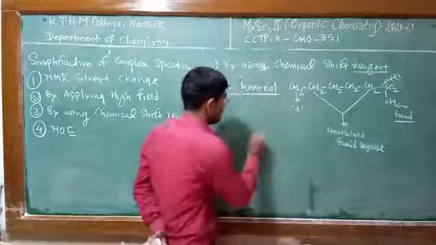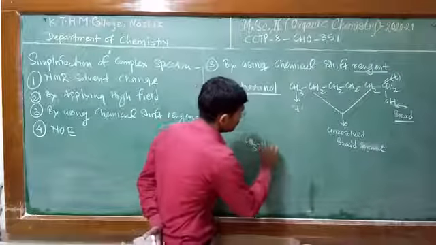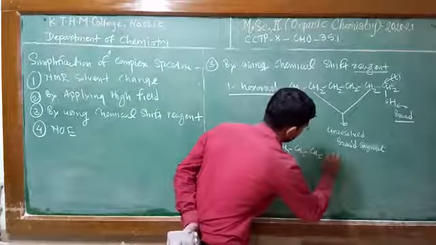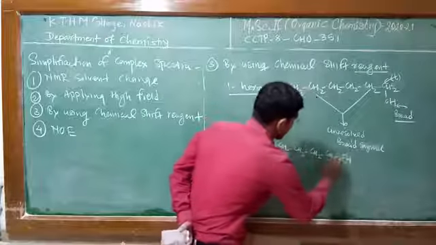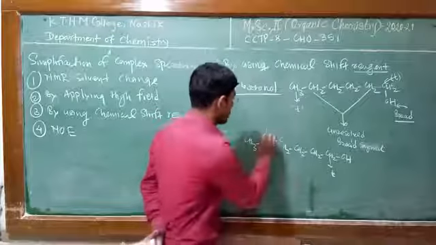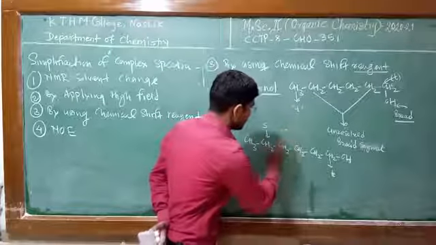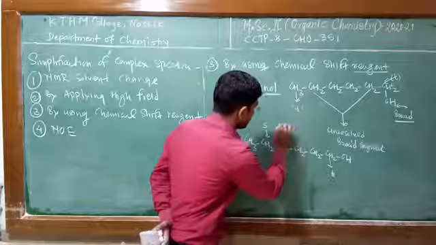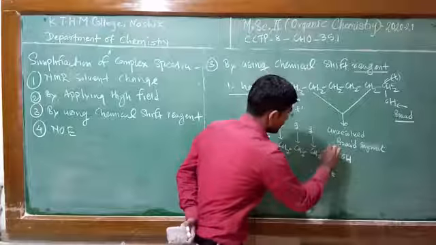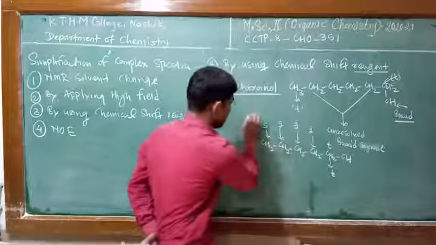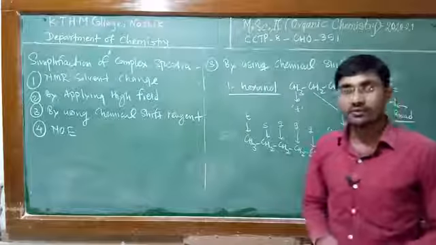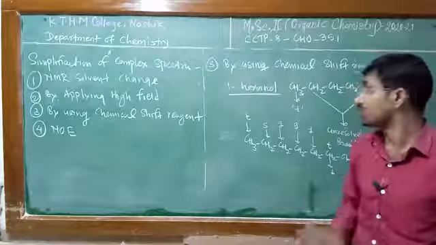So like this, 3 into 2, this gives a sextet, this gives a quintet, this gives a quintet, and this also gives a quintet, and this is a triplet, this also a triplet. So all these signals we get with the help of adding shift reagent.